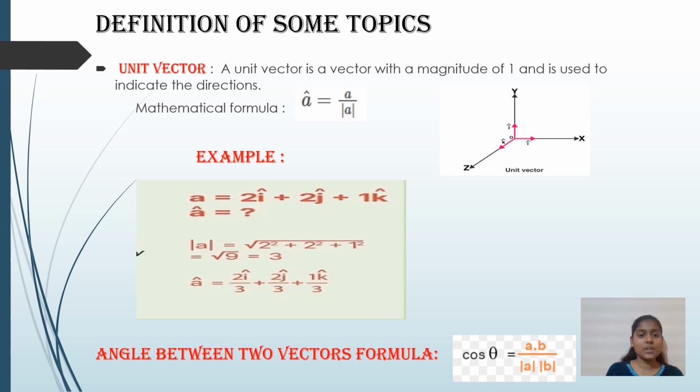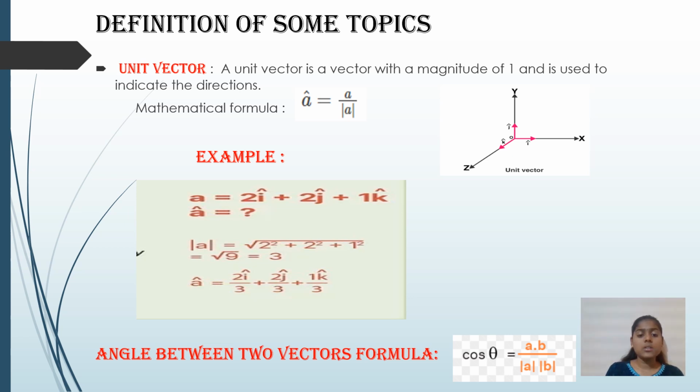Now let's look into the definitions of some topics. First, unit vector. A unit vector is a vector with a magnitude of 1 and is used to indicate direction. The mathematical formula is a cap is equal to a bar divided by modulus of a bar. Example, if a bar is equal to 2 i cap plus 2 j cap plus k cap, then find a cap, that is the unit vector.